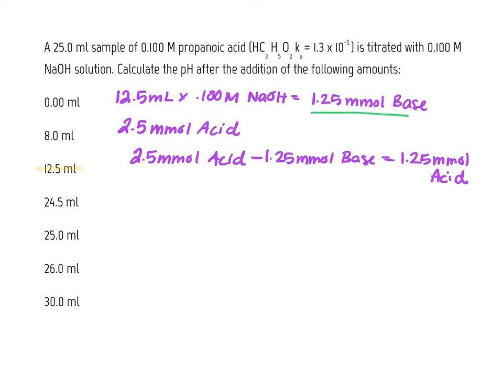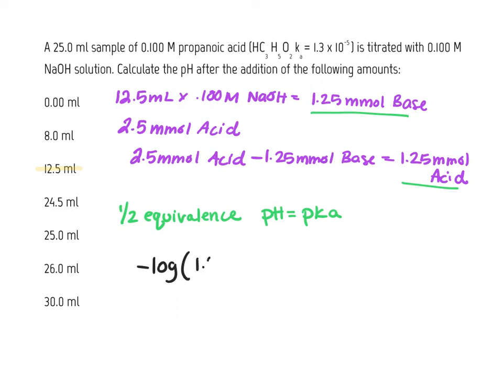So when we have neutralized half of the acid that we have started with the base, that's called the half equivalence point. And at this point, the pH is equal to the pKa. They gave us the Ka at the beginning of the problem. So math-wise, what we need to do here is take the negative log of that Ka, 1.3 times 10 to the minus 5.